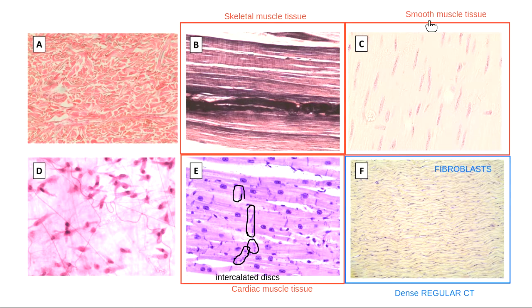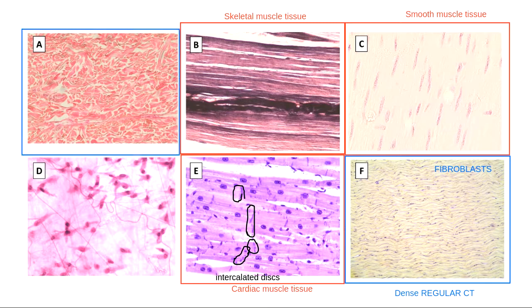That's an important comparison. Hey, dense regular, it's important for us to compare this one to this one over here. What kind of tissue do I see in A? What kind of tissue is this one up here? Can we tell? Draw myself another box. We have another type of connective tissue, so I'm going to put a blue box around it.